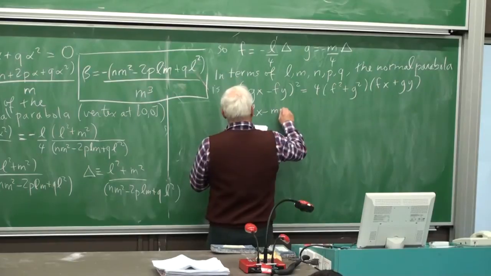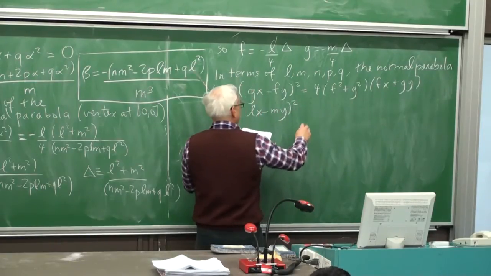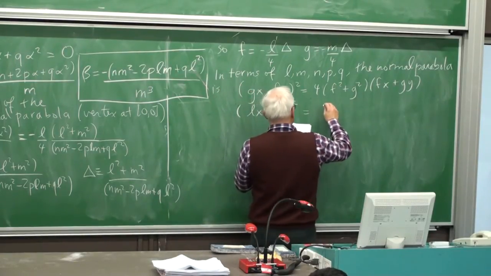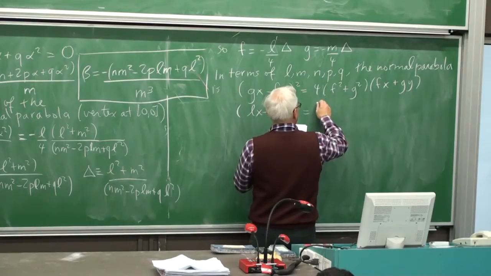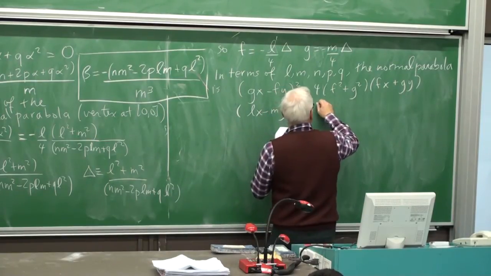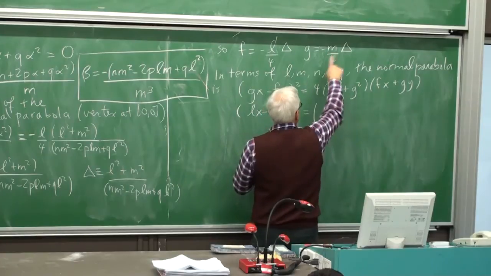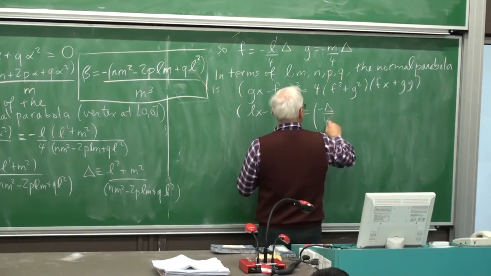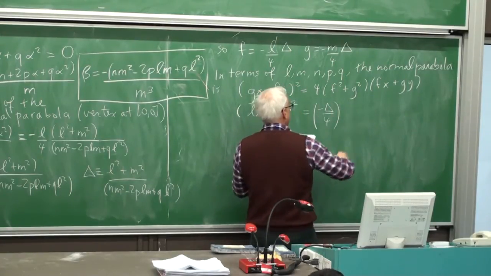And then what we're going to have left is (Lx minus My) squared equals, it's actually minus delta over 4 that's appearing out. So that's the single factor that will be left.